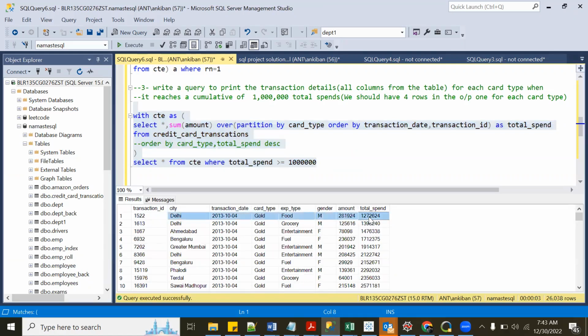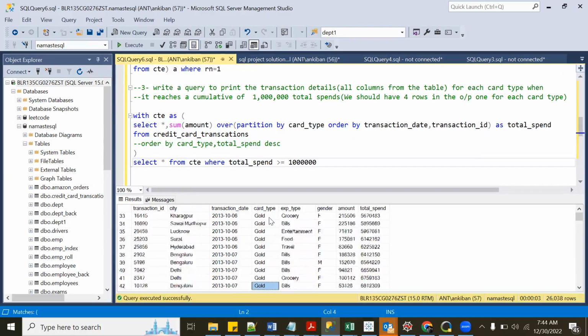Now I need the first transaction for each card type. I am getting only the rows where the cumulative sum is greater than or equal to 1 million, and now I will say, give me the first row from this data for each card type. And this will solve my issue.